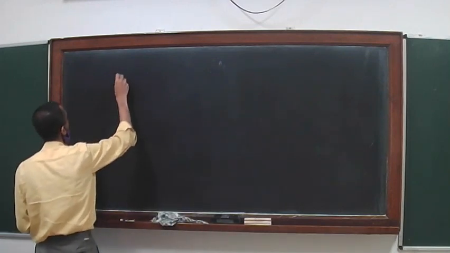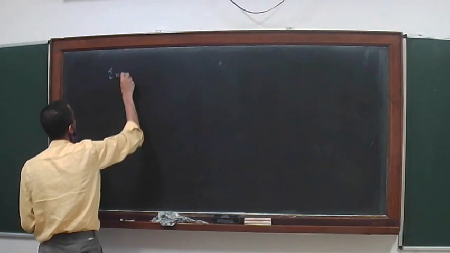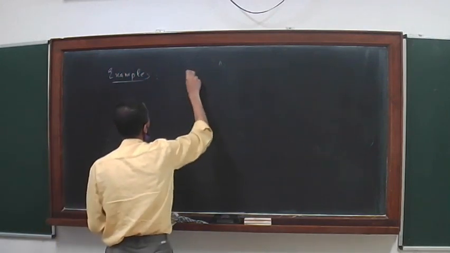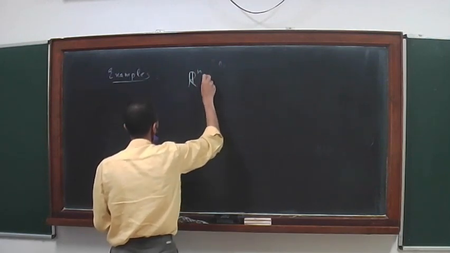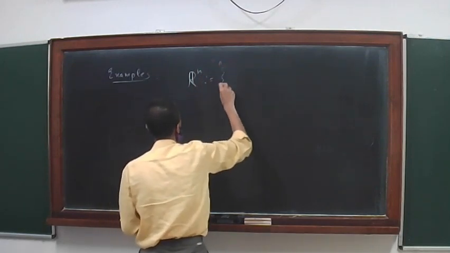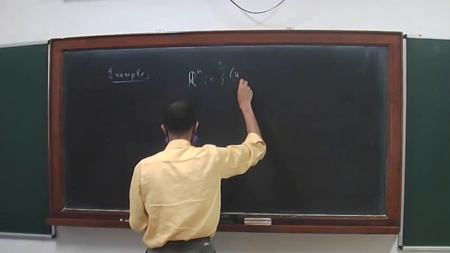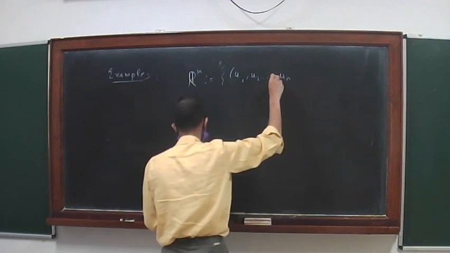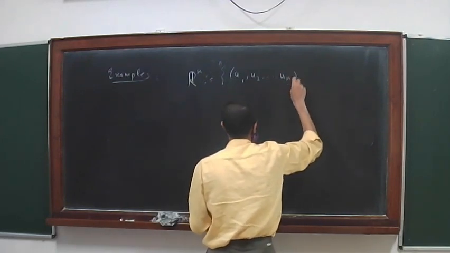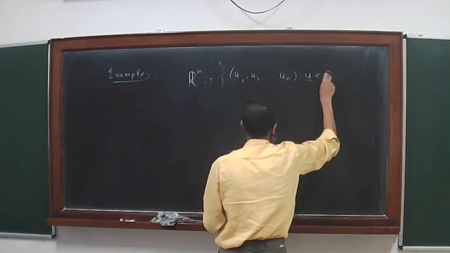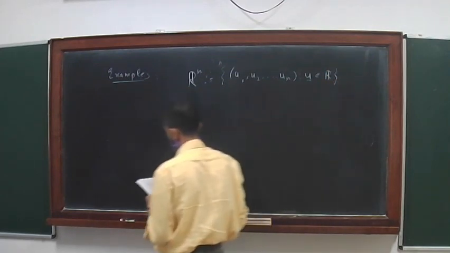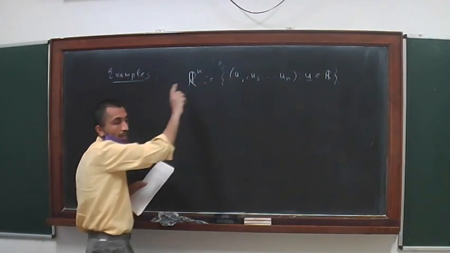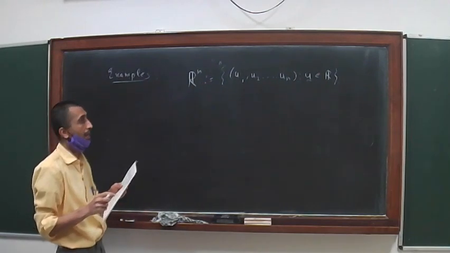So, examples. Rn equal to... so whenever I write this colon equal to, that means that this is a definition.